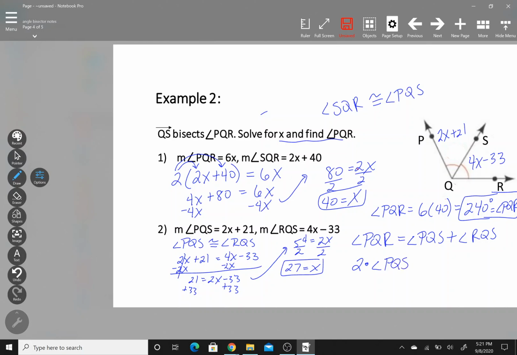It doesn't matter. This is also equal to angle PQR. So I'm going to do 2 times, and then PQS is 2x plus 21. So 2, and then instead of x, I'm going to put 27, plus 21. All right, and that's PQR.